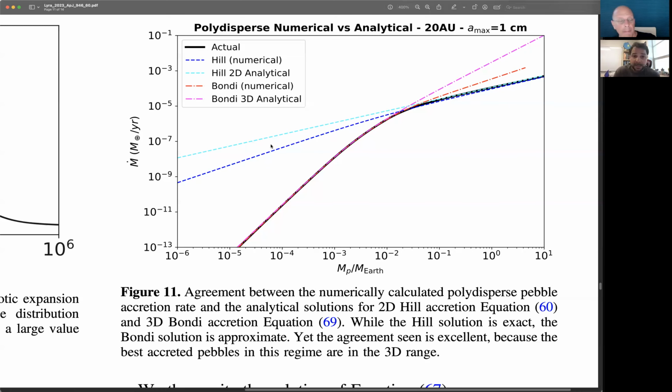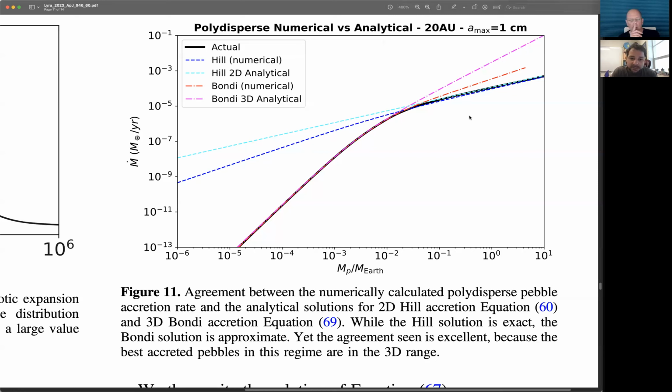The analytical solution that we find is the cyan line, the light blue line. As you see, it meets the actual and the Hill numerical right in the regime where you want that to be the case, for the higher protoplanetary masses. The x-axis here, the horizontal axis, is the mass of the protoplanet during the accretion. So you have that being the correct mass accretion rate for the high mass protoplanet regime.